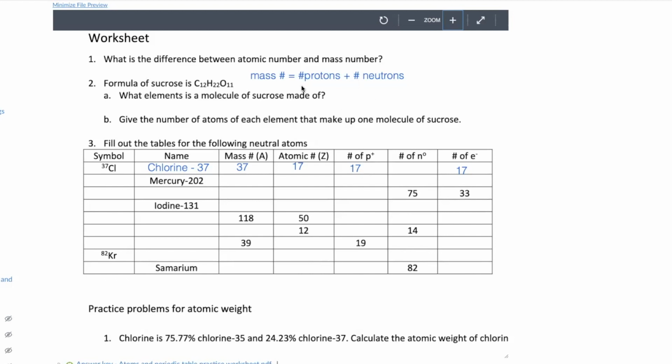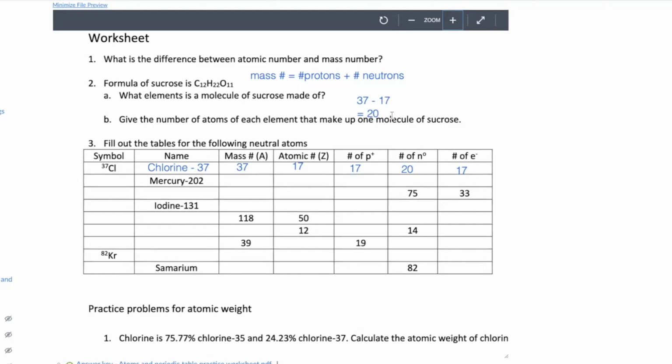To find the number of neutrons, you simply subtract the number of protons from the mass number. So 37 minus 17, and that is going to be 20. So the number of neutrons is 20. This is how you will complete this.